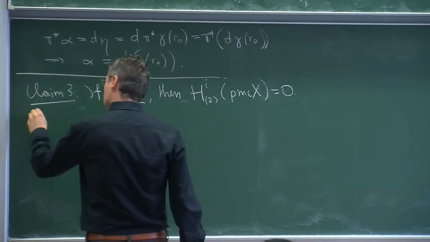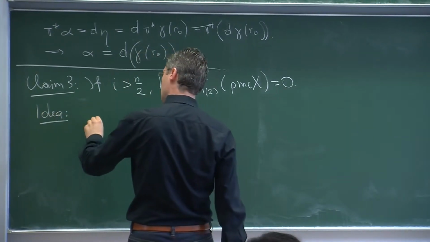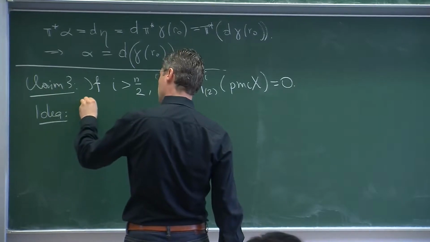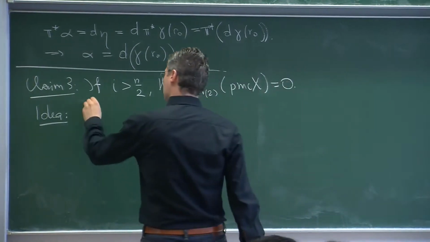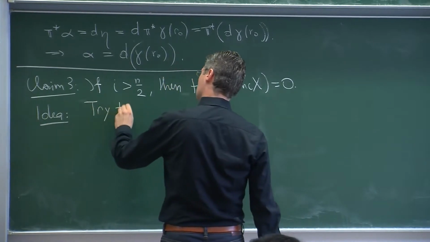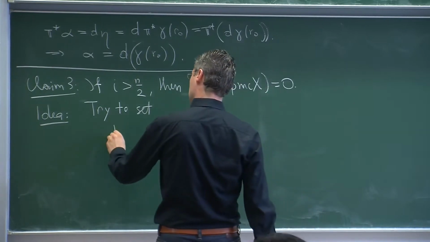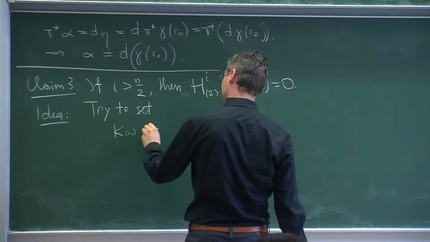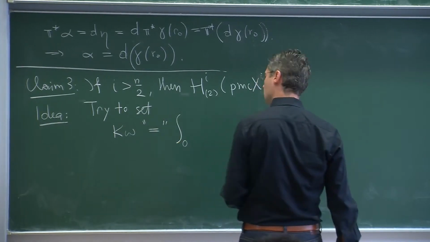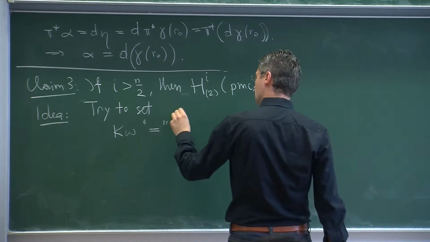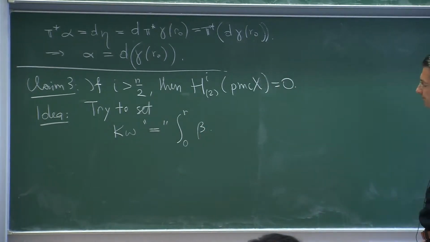Now, the idea here would be as follows. We again define a homotopy operator. Try to set k of omega equal to the integral from 0 to r of beta, just as we did before.